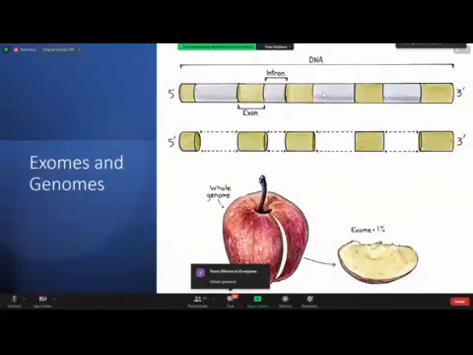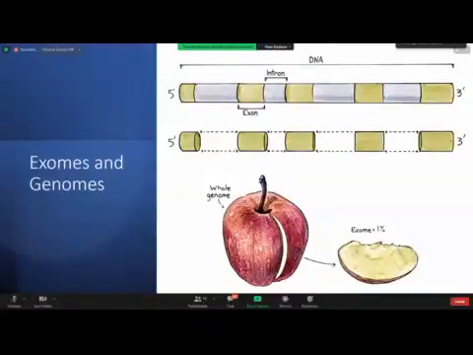Yes. Basically, अगर आप exome और genome को देखें ना, so this is our DNA, and then we have introns जो कि protein code नहीं करते, and then these yellow portions are exons. So exons basically have the information of proteins, of messenger RNA, and ultimately those messenger RNA are translated into protein.